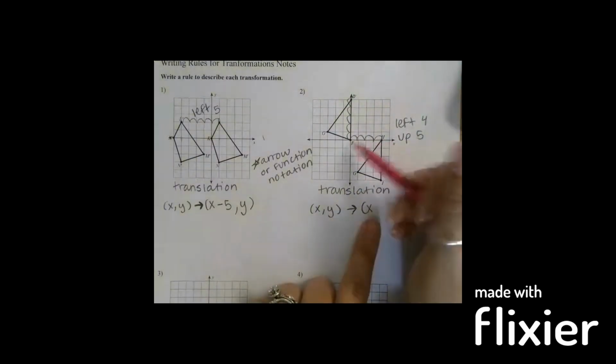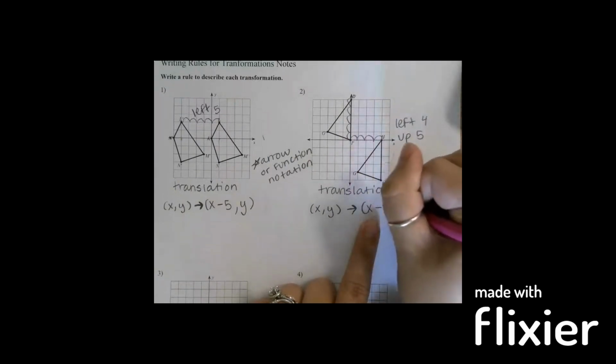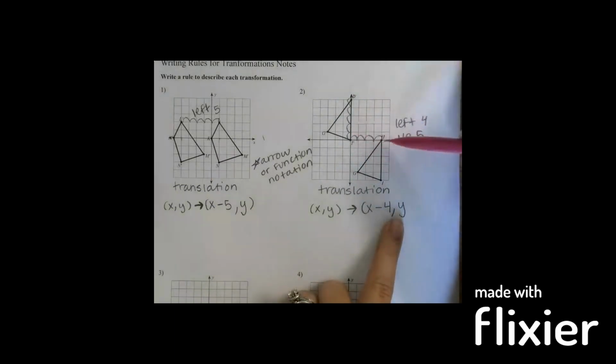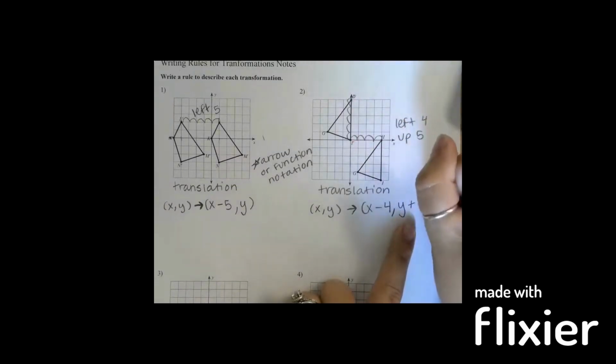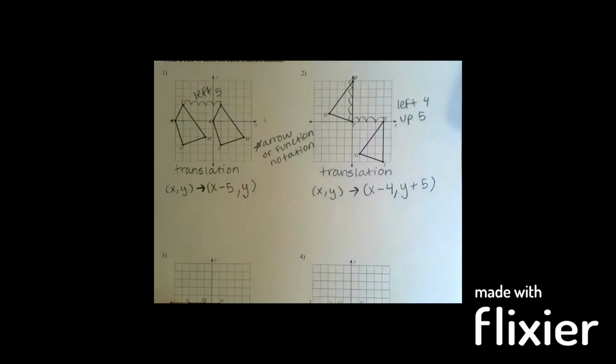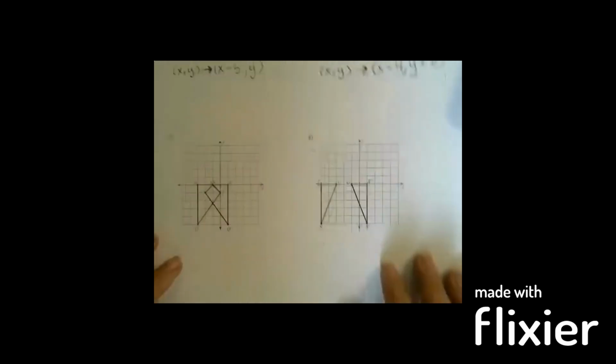Alright, x went to the left, so to go from a 4 to a 0, we'd have to subtract. So it's minus 4. And then y, we went up 5. So to go from 0 on the y-axis all the way up to 5, we're going to have to add 5. There's our function notation. Pretty simple. You have to think about it, but it's not really that hard.